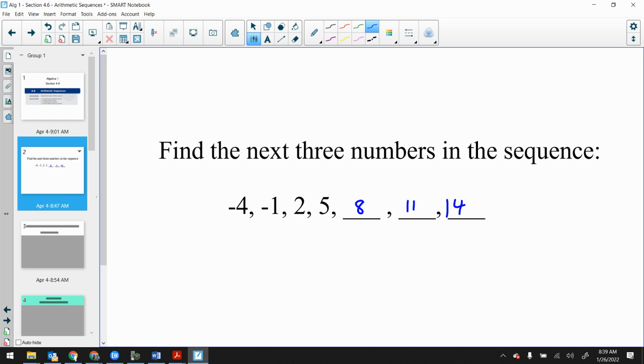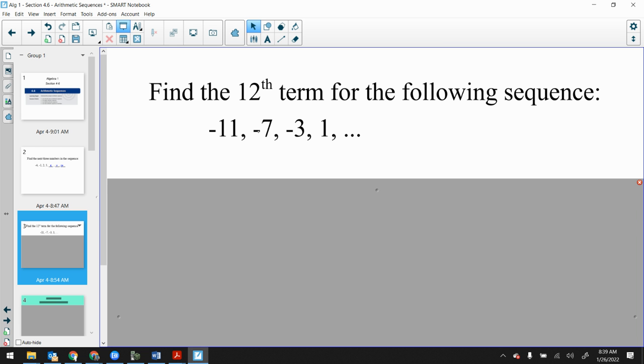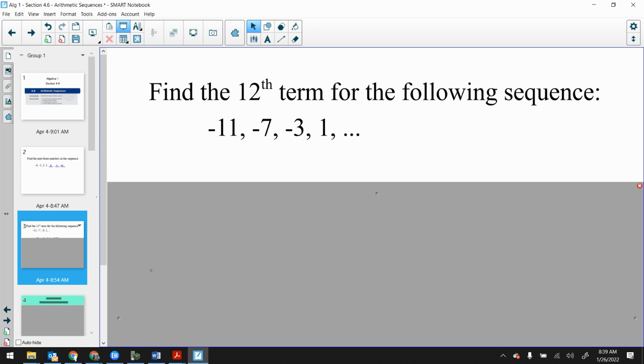Good. Okay. Guys, eyes up here, please. Take a look at this now. What if I wanted to find the 12th term in this sequence? When I say the word term, that's like a number of the sequence. Could I do that same thing as the last slide?